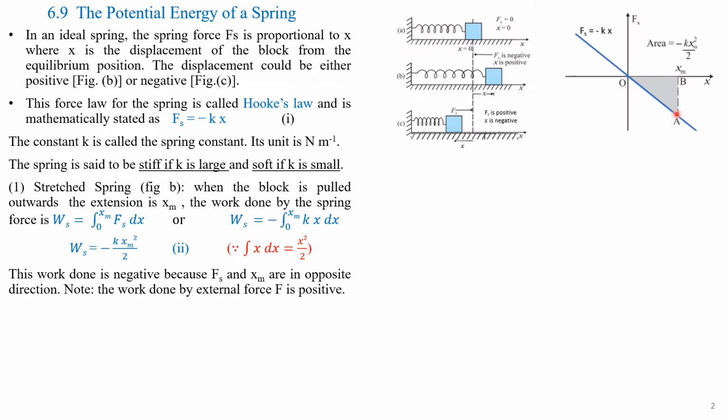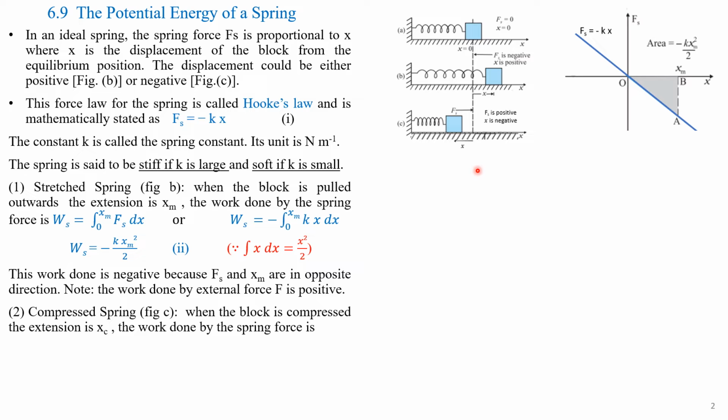Due to the opposing sign of Fs and x, this work done is negative. Here, Ws is equal to minus k into xm square by 2, as shown in the figure.